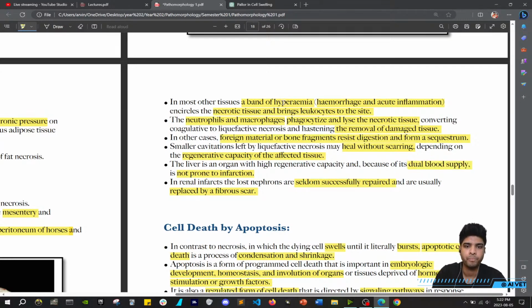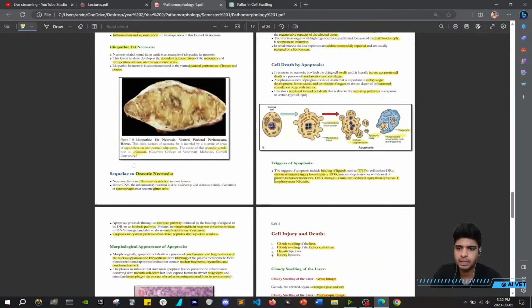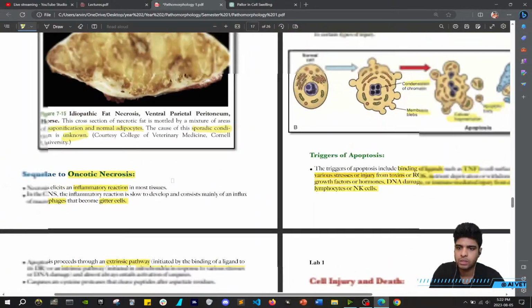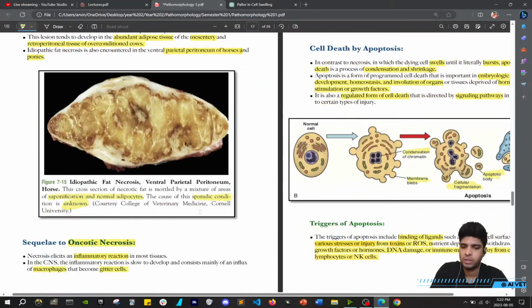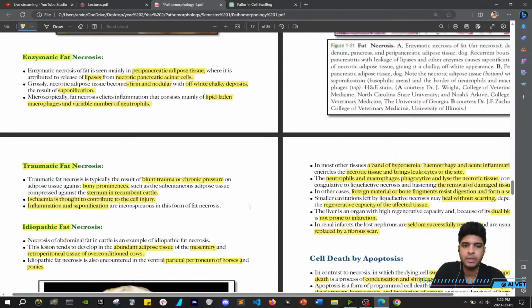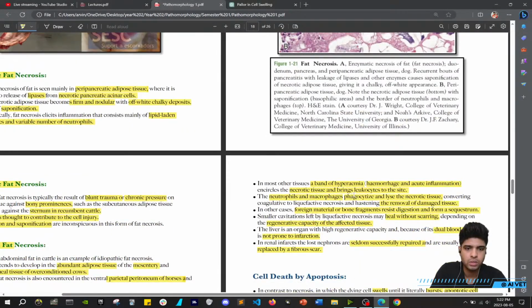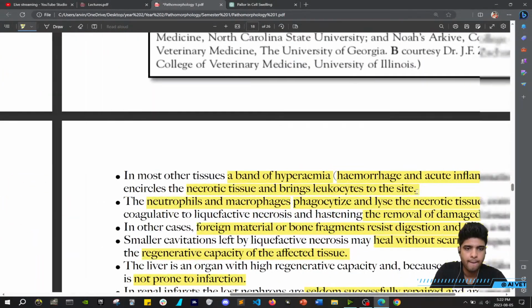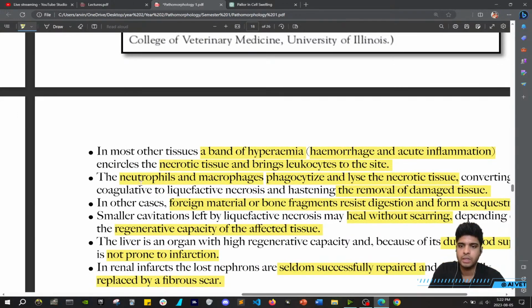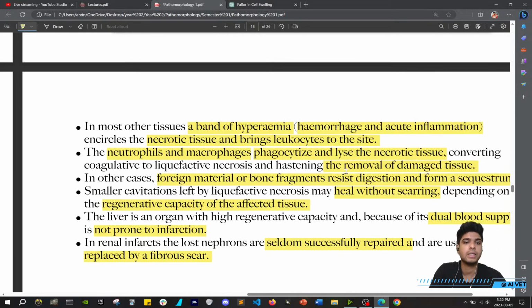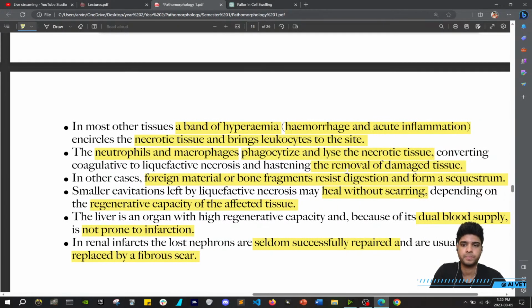So from what I can understand, in oncotic necrosis a lot of WBCs go to the area, in this case macrophages, bringing leukocytes to the site and causing accumulation and acute inflammation. Then neutrophils and macrophages phagocytize and lyse the necrotic tissue.